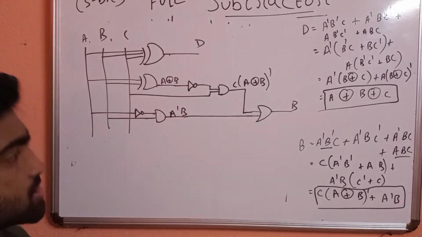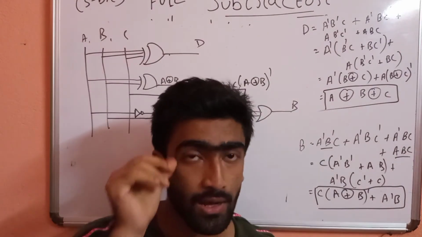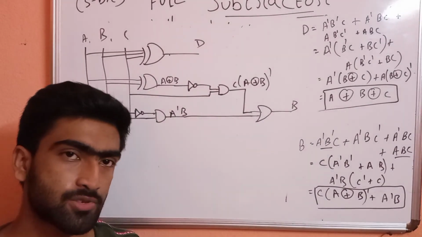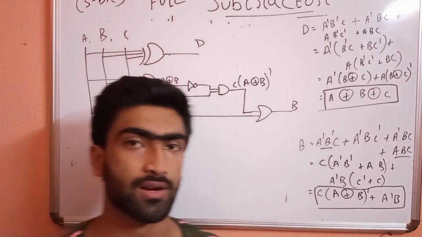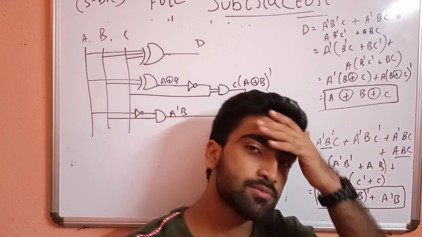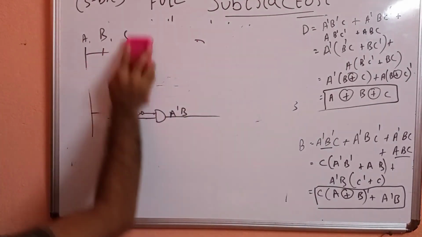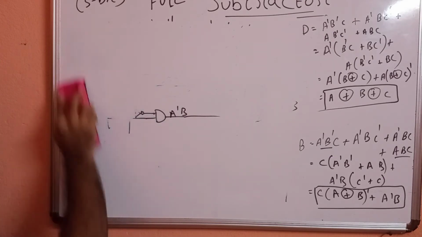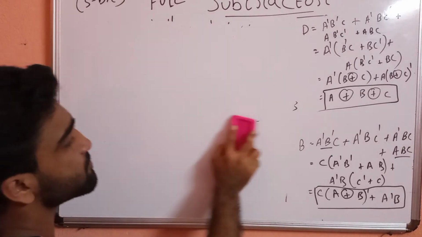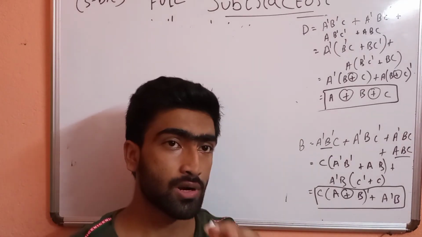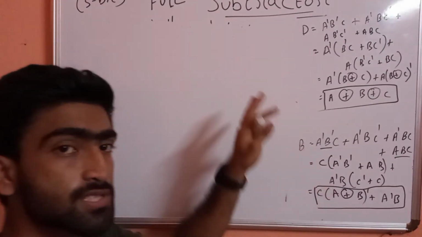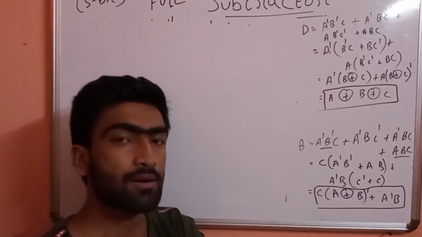Now a question comes very often in exams: draw a full subtractor using 2 half subtractors. In many exams you can find this question. So how to draw this? Simply, if you remember, I told you while drawing the half subtractor to very carefully notice the circuit design of the half subtractor.